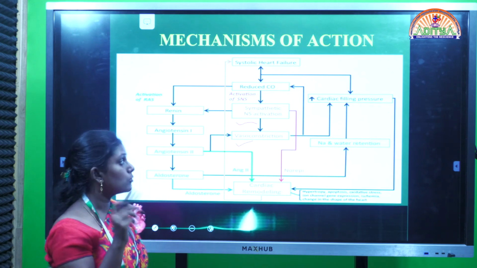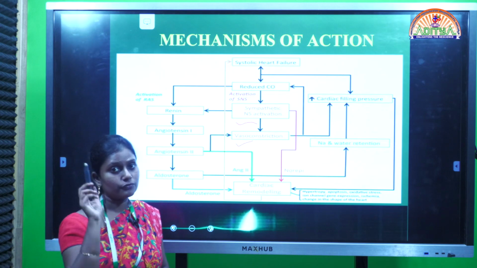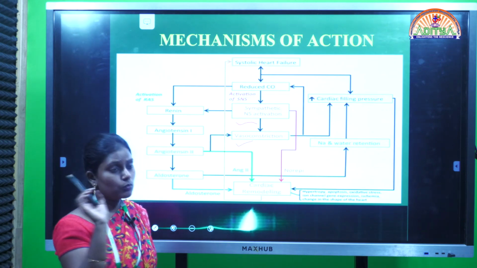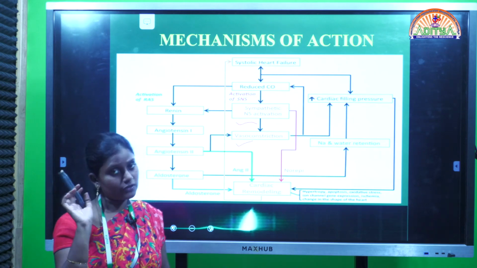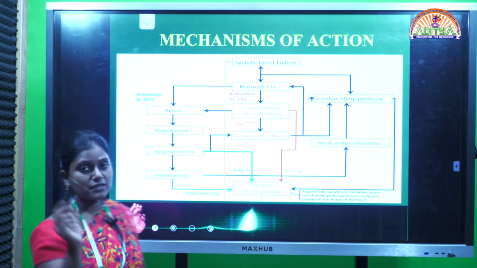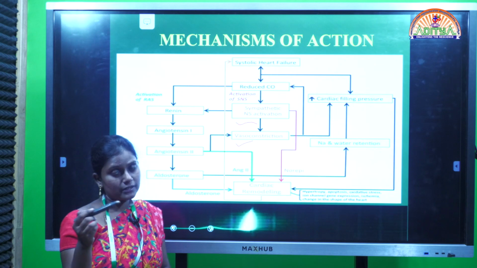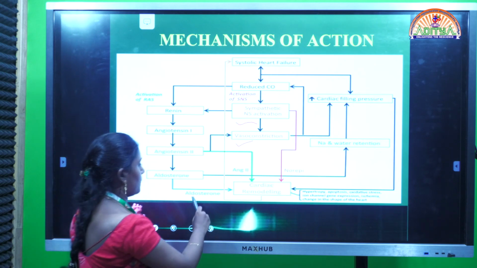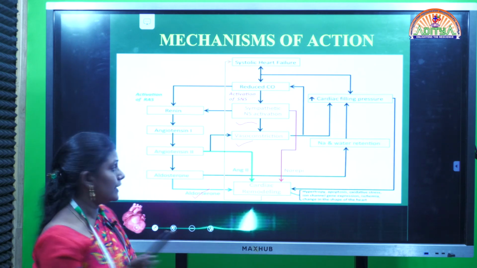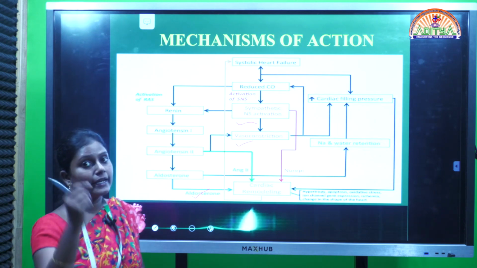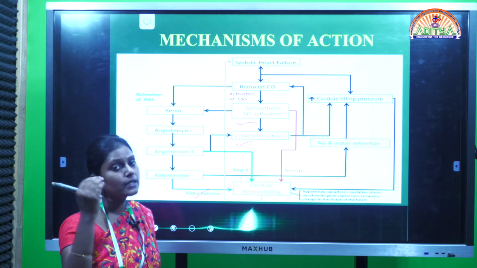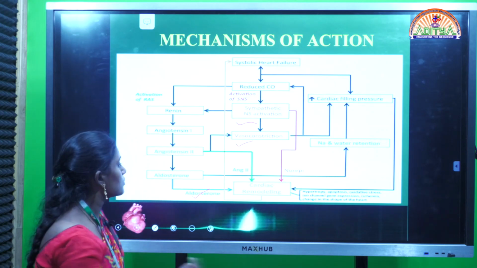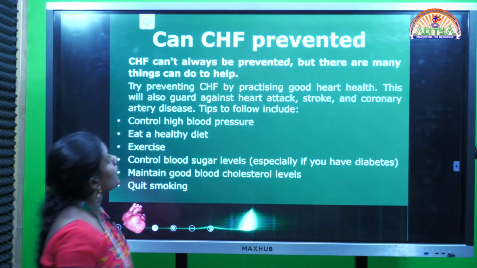At the same time, they are also blocking the receptors of angiotensin. So they mainly stop angiotensin from working or being released. What happens if angiotensin is released or activated? That will stimulate aldosterone. So they inhibit the angiotensin converting enzyme and also block the angiotensin receptors.